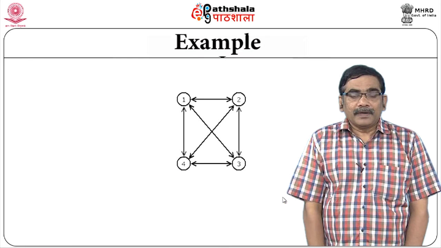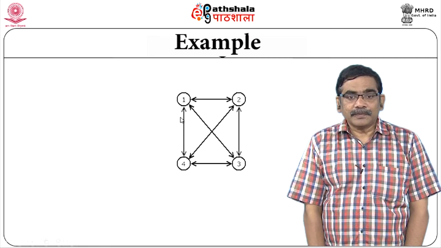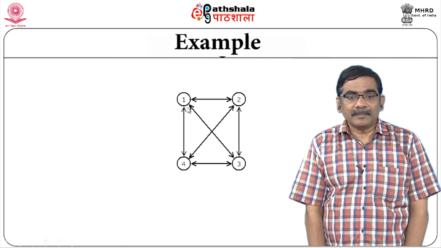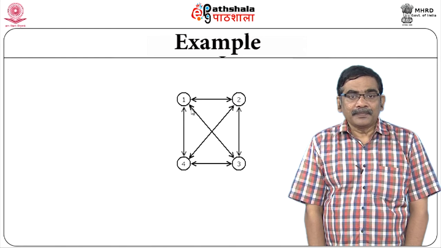So, before going for the formal algorithm, let us have the illustration. Let us assume that this is the graph that is given. This is TSP. So, I have to start from city 1, then visit all other cities, then come back to the home city. So, I have to find the shortest path of the optimal tour.